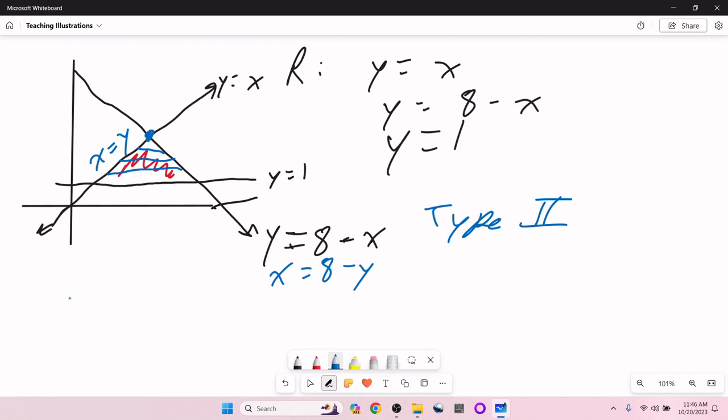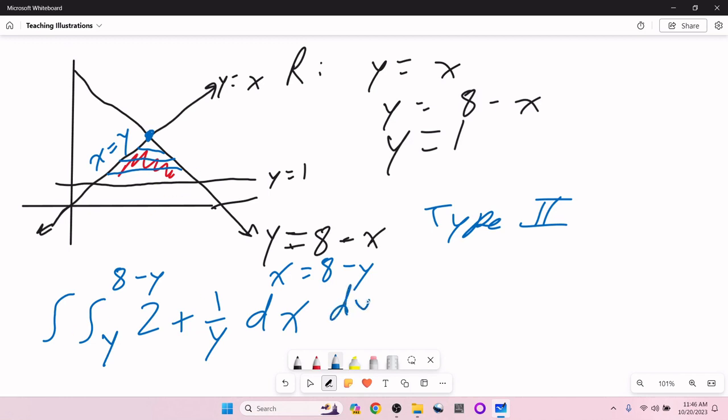So, the ceiling, z, was 2 plus 1 over y. So we're going to say dx, x goes from y on the left to 8 minus y on the right. And then what does y do? Well, vertically, the minimum for y is 1.